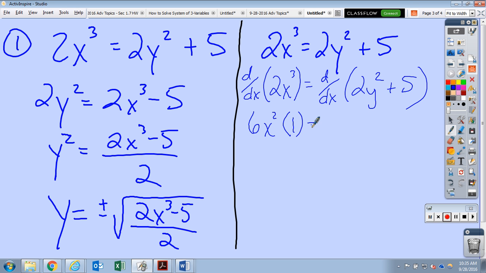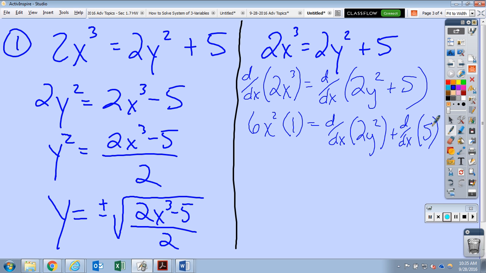So then we say, okay, this equals the derivative of this side with respect to x. Now we're going to distribute: the derivative of 2y squared plus the derivative with respect to x of 5.